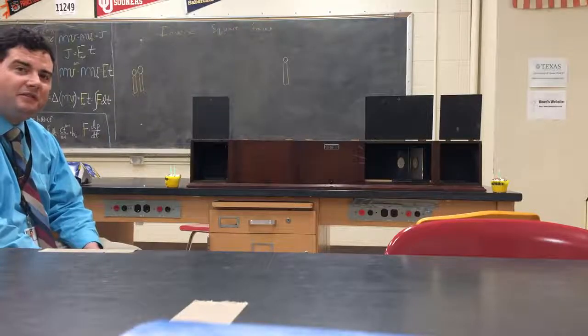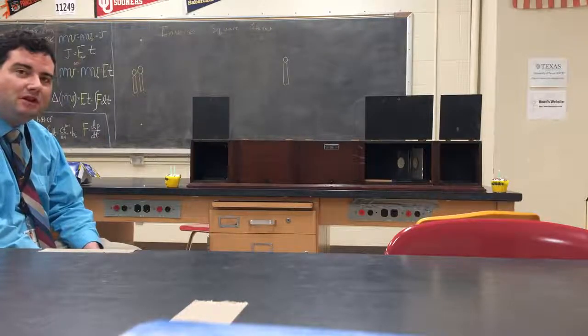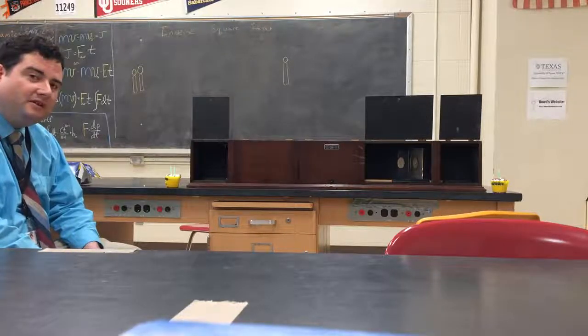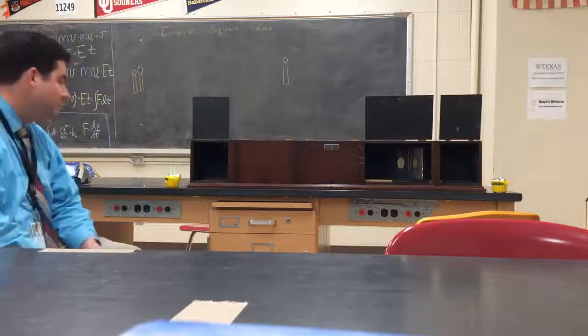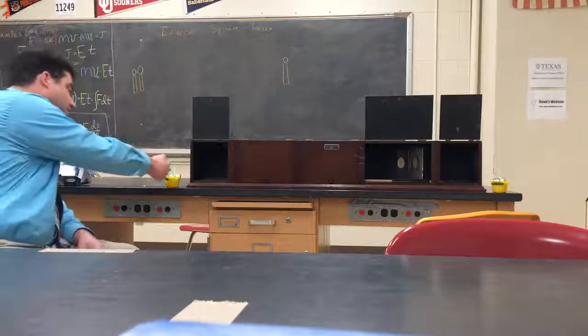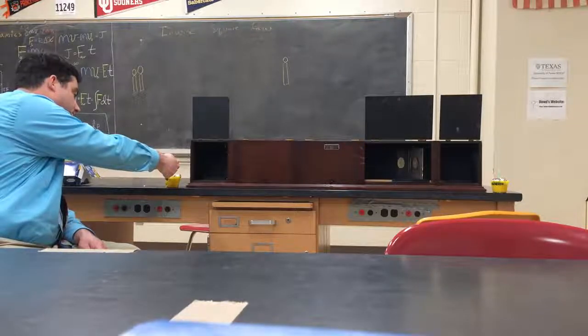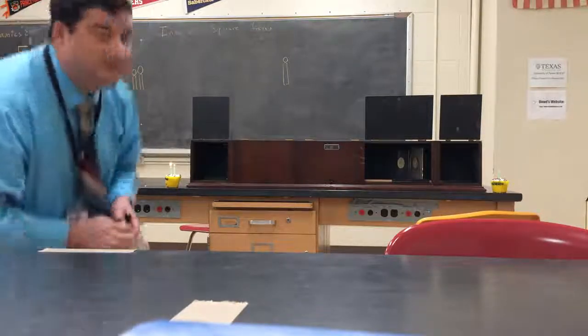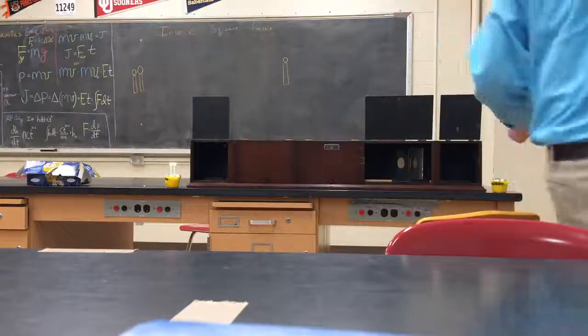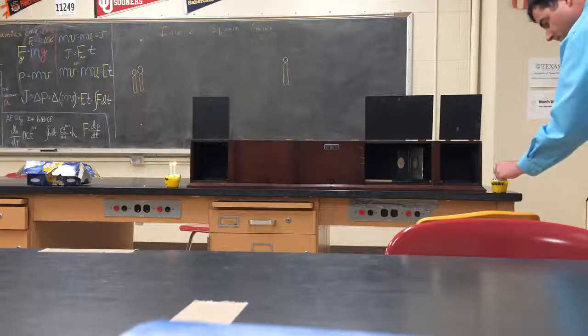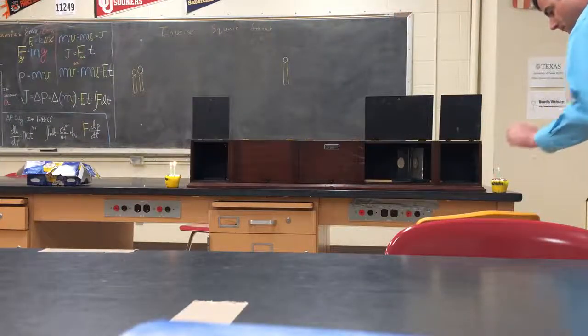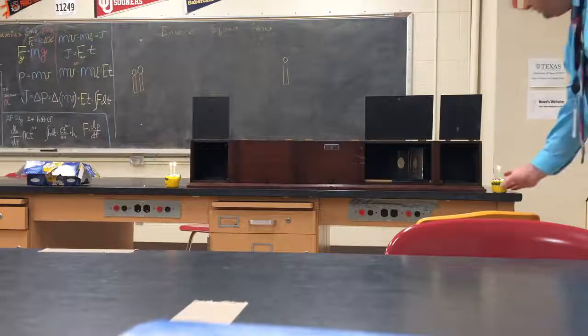This box is a really cool device for measuring the relative intensity of two light sources. And the reason that's important to us now is because of how light spreads out. So I'm going to light these two candles. I'm going to light this one here. And I'm going to put them into the box.